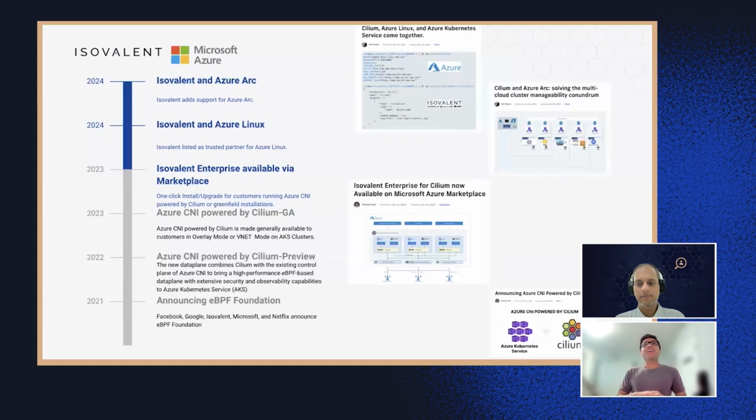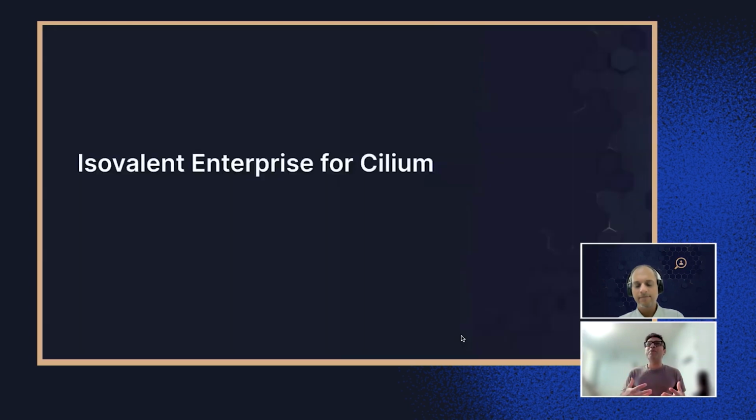And in 2024, the Isovalent team did even more work to make this available in Azure Arc for your multi-cloud deployments. So with this, I want to give the floor to Amit to talk in more detail about Cilium Enterprise and the Isovalent features for Cilium.